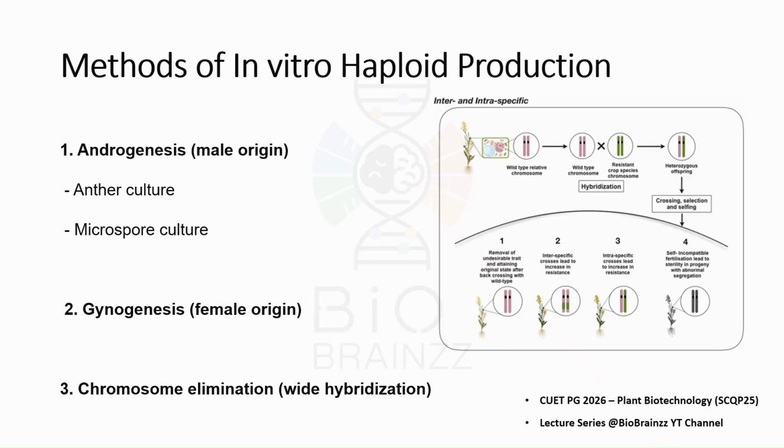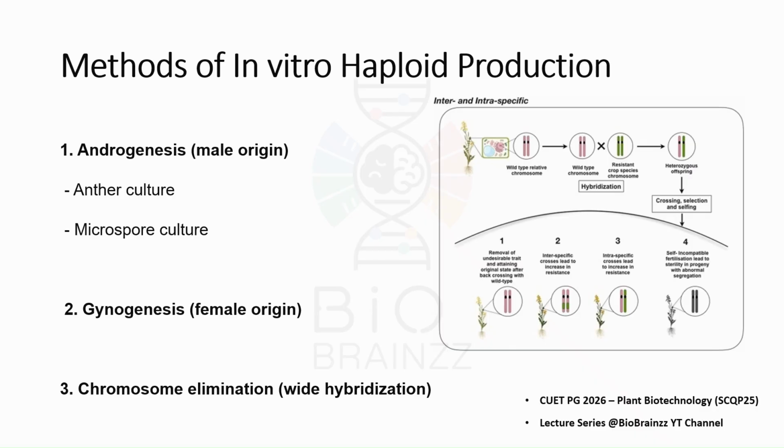Methods of in vitro haploid production. There are three major approaches to produce haploid plants in vitro. The first is androgenesis, where haploids are derived from male gametes such as pollen or microspores. The second is gynogenesis, where haploids develop from female gametophytic tissues.